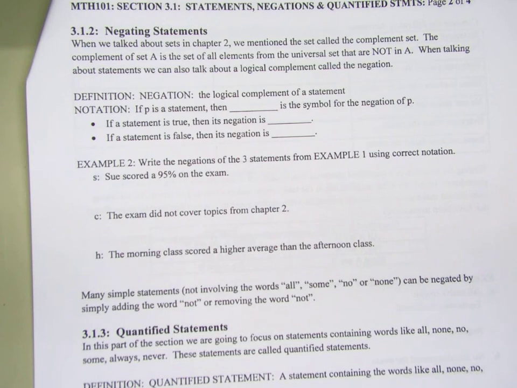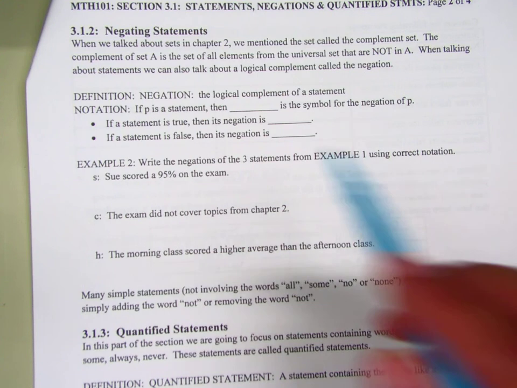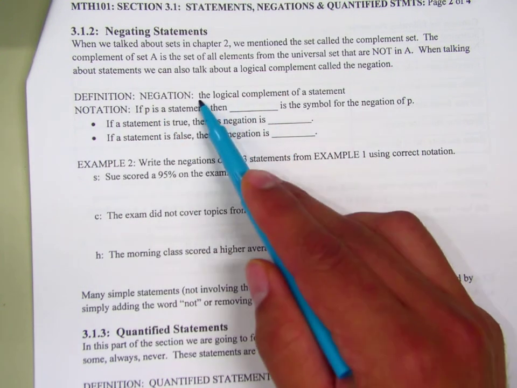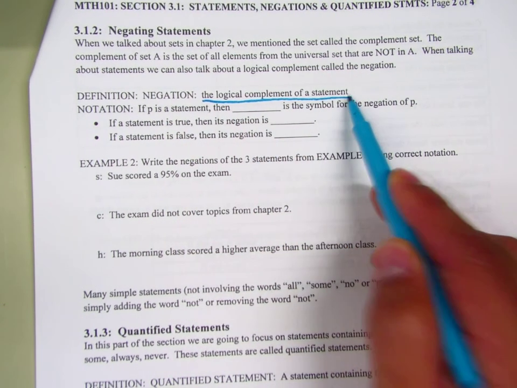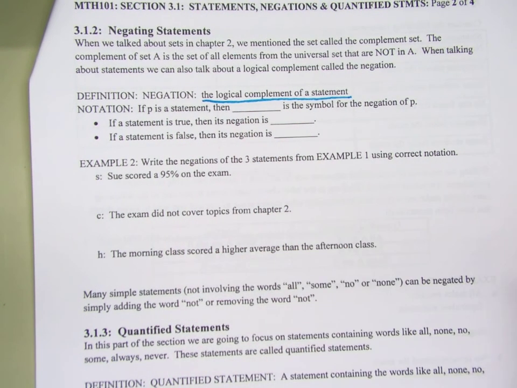Okay. So the next thing we're going to talk about is what a negation is. The fancy definition: a negation is the logical complement of a statement.